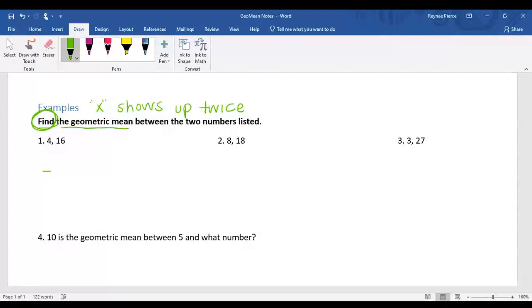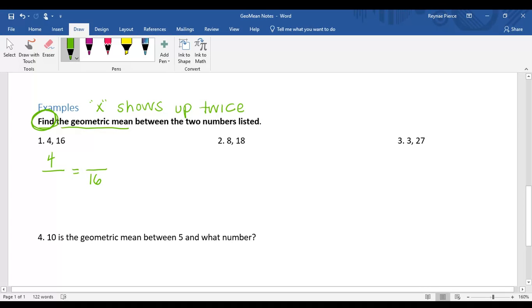What I like to do is my first number goes in the top left spot, my second number, 16, goes in the bottom right, and then my variable fills in the other two pieces.